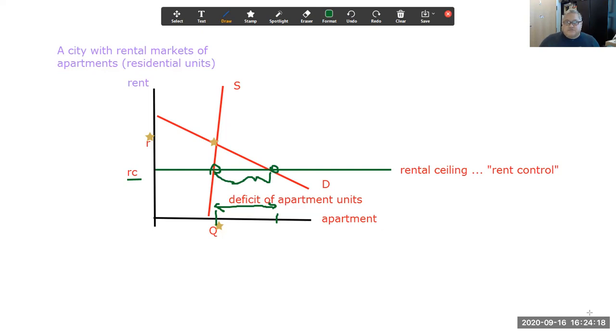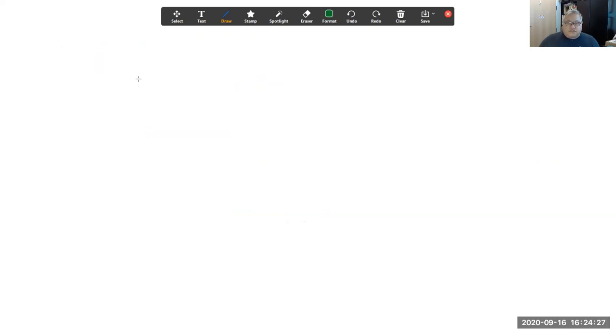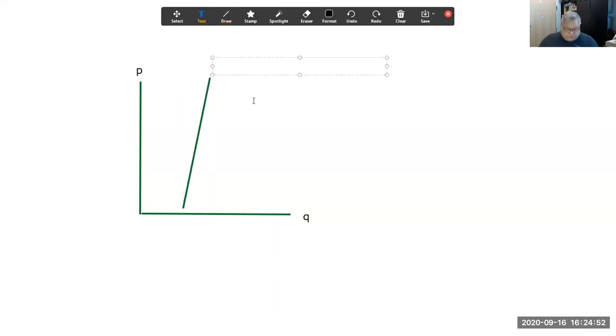Let's see what happens if the rent control is not below the market equilibrium. So let's go back and look at a model in which you have the price dimension and the quantity dimension of the marketplace. So price here is rent, quantity here is units rented, and again, supply is nearly vertical because of what we mentioned before, that it's really hard to build units for rent in a very quick time period.